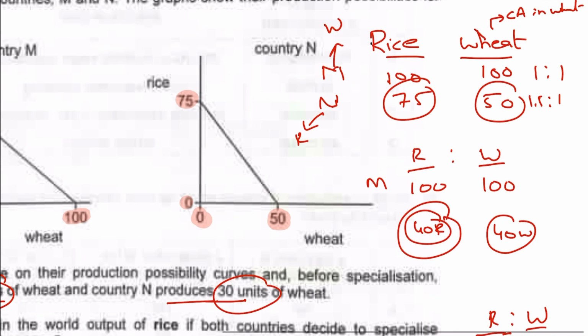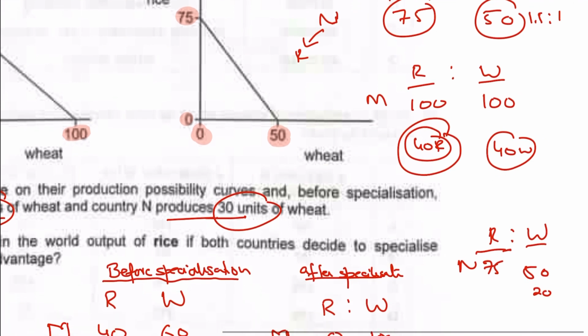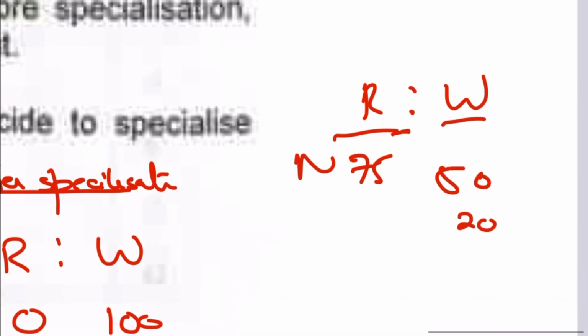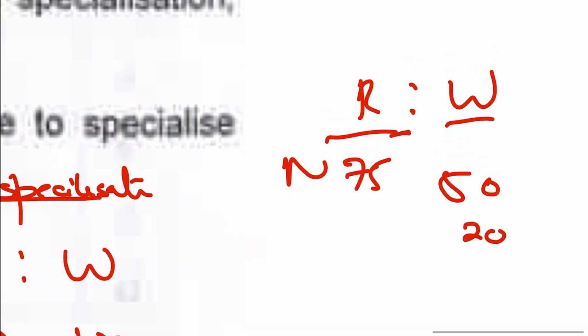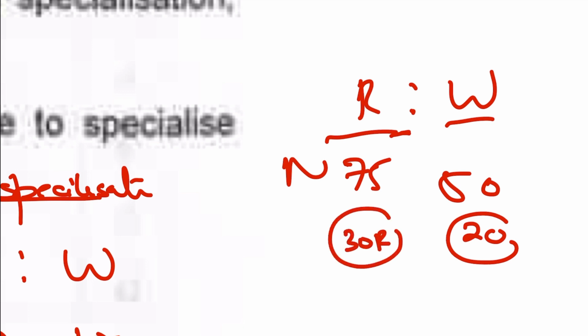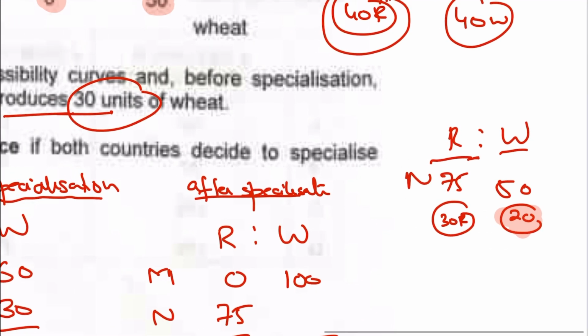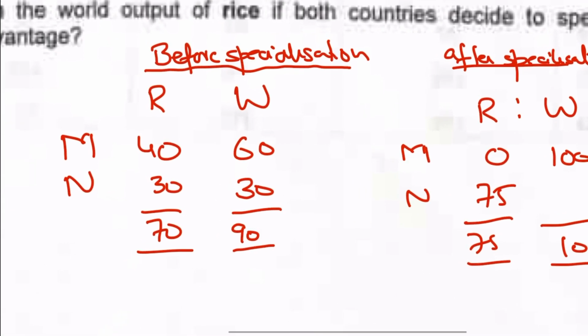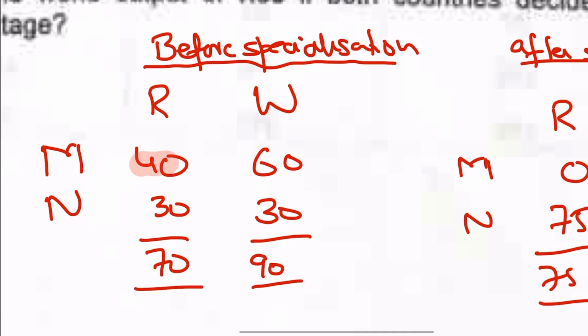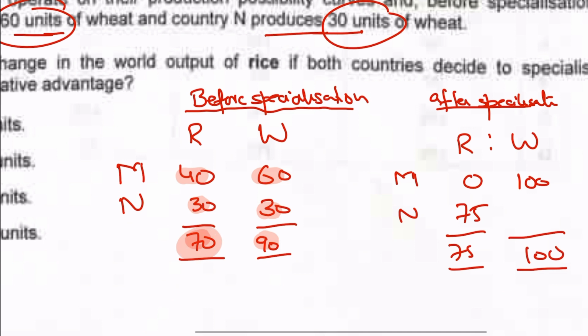If it did produce those 20 units of wheat, how much rice would have been foregone? 75 times 20 divided by 50 is 30, so 30 rice would have been foregone. But since N is not producing these 20 wheat, 30 rice is actually made. So these are the positions before specialization: 40 rice and 60 wheat for M, 30 rice and 30 wheat for N. The world output is 70 rice and 90 wheat.